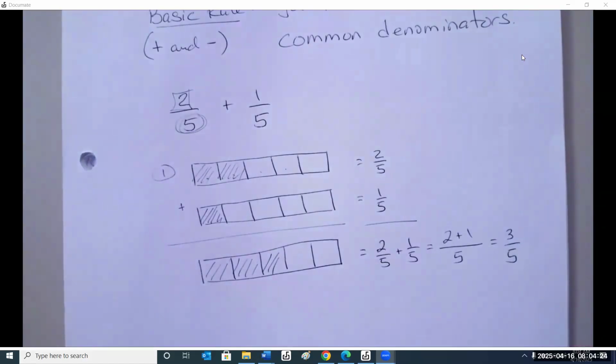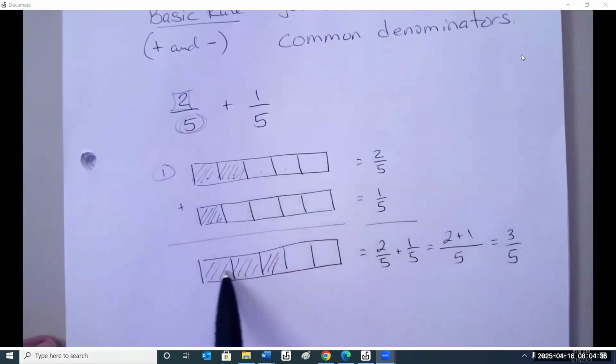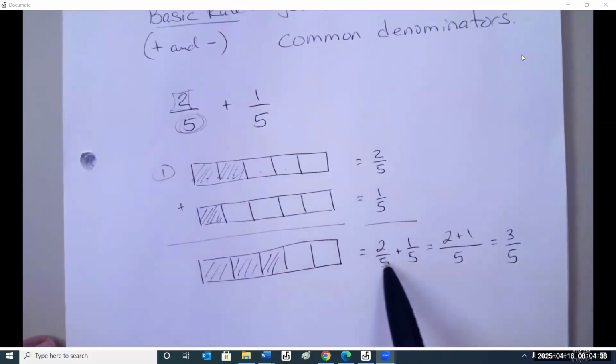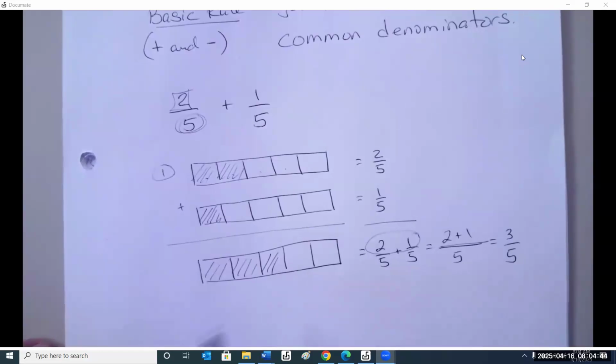We represent with manipulatives the equation that we're trying to let them see. So since there's 2 of them here and 1 of them, we have a total of 3. Since we have the same bottom number, we only have to worry about the top. So we add the top. And that's what we're doing here. So that's how we introduce that concept to them.